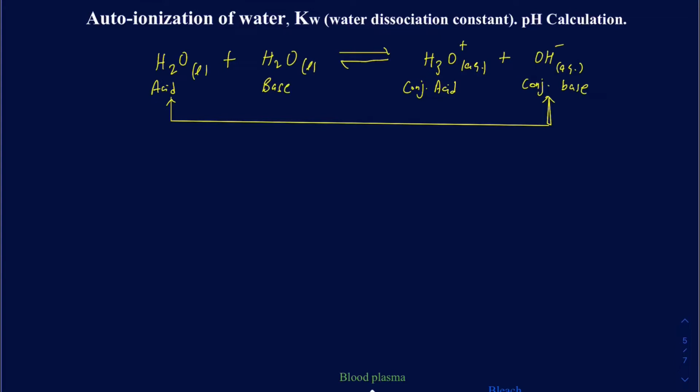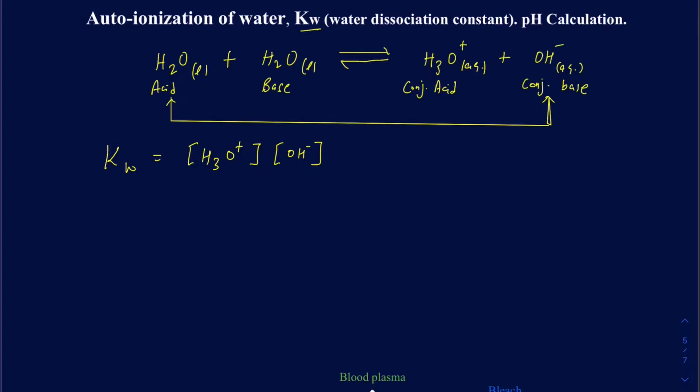Okay, so this is how water typically exists. It's not just going to be H2O all the time. You may have a very small amount of H3O+ and OH- present in the water. It's so small that you really never notice. When I'm writing the Kw, or the water dissociation constant, it's going to be the concentration of H3O+ times the concentration of OH-, and we don't include the concentrations of the reactants here because they are in liquid form.